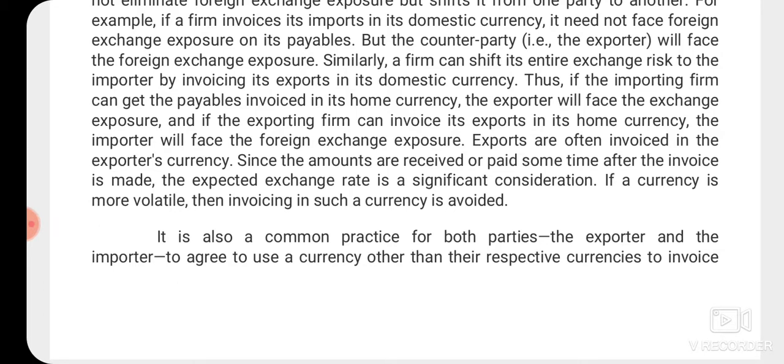Exports are often invoiced in the exporter's currency since the amounts are received or paid some time after the invoice is made. The expected exchange rate is a significant consideration. If a currency is more volatile, then invoicing in such a currency is avoided.